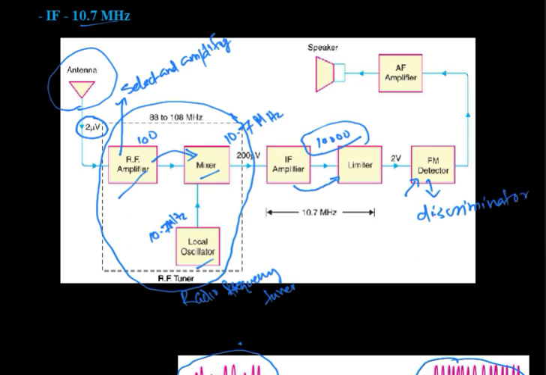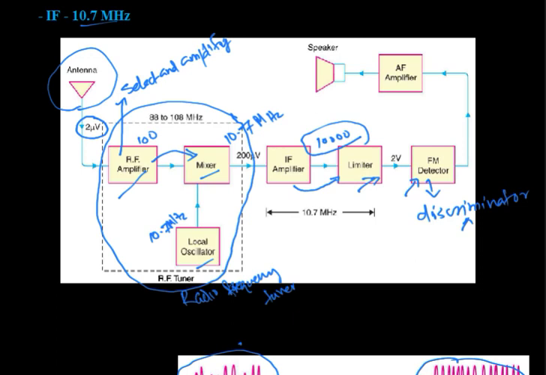So you can say that an FM receiver will have two additional circuits associated with it when compared to the AM receiver. One is the limiter and another one is the discriminator.